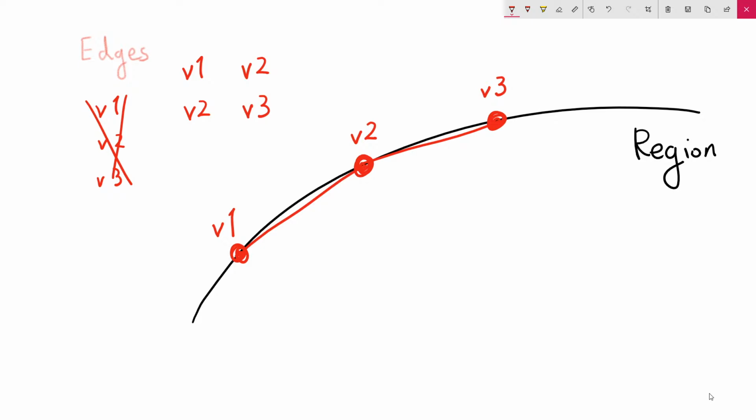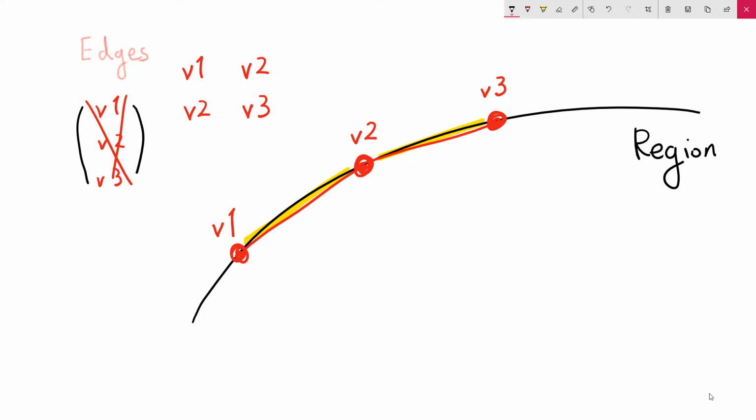So the interface was specified as a list of edges, not a collection of vertices. Now, by applying this kind of description, you understand there is an edge corresponding to V1, V2, and another edge like V2 and V3.